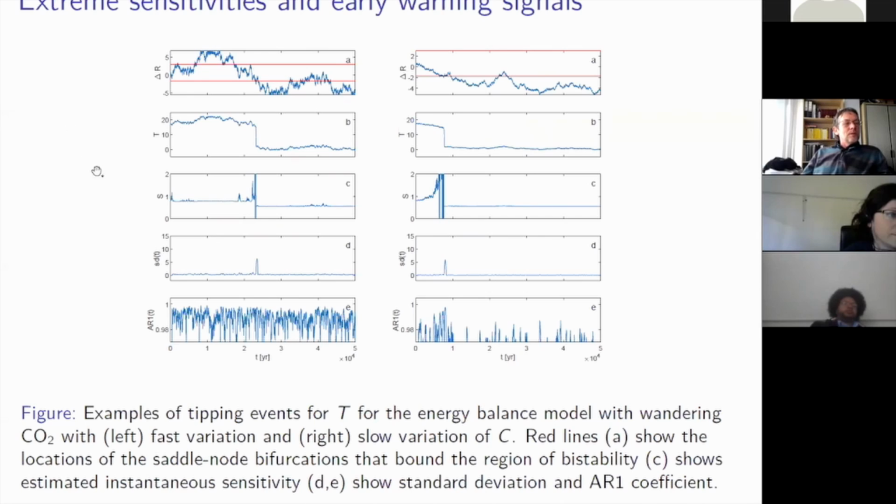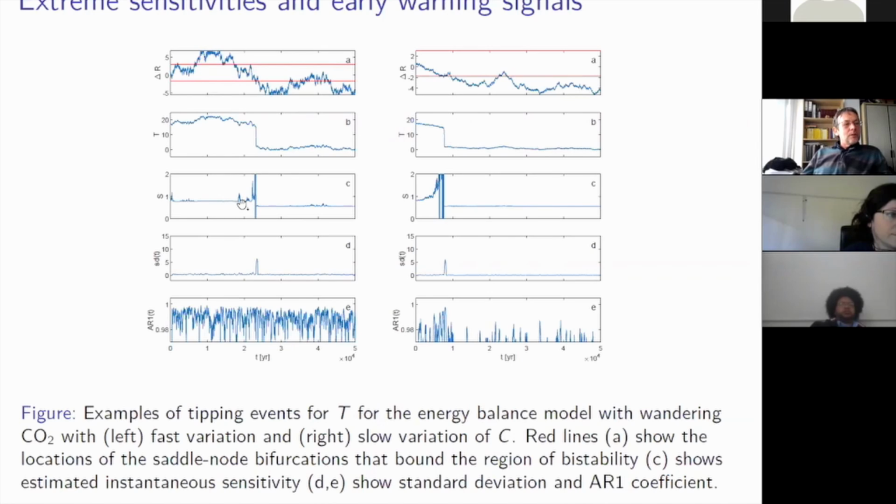So let's look at this again. This is the same trajectory where you have a sudden change in regime at this point. If we look at the instantaneous sensitivities, that means we project onto the nearby solution of the noise-free system, you can see it's fairly constant over a long period.